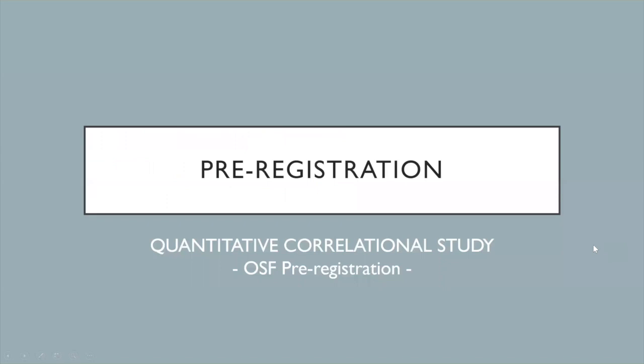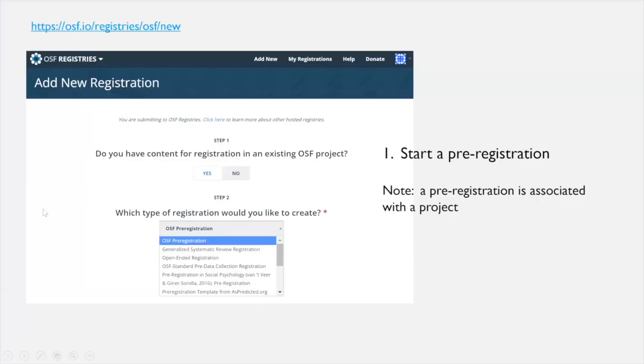And also to finalize with an example of a project regarding a quantitative correlation study using the OSF pre-registration possibility. Here it is also very simple.